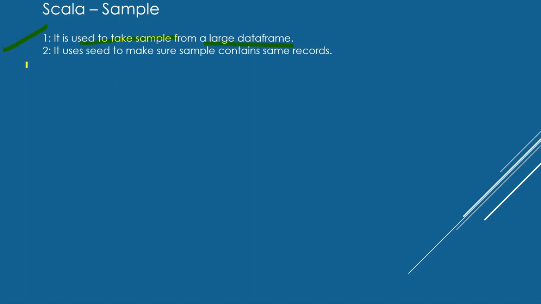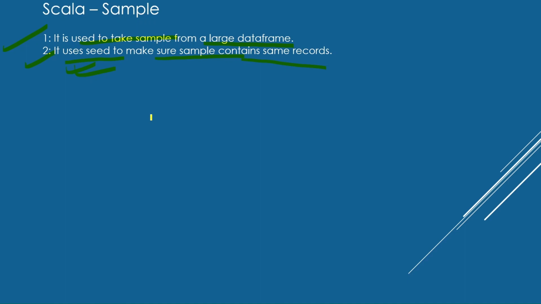It uses a seed to make sure the sample contains the same data. This is very important, right? This seed. Suppose there are thousands of records present in the data frame and you want to take only 10 records. The sample uses one seed value. Suppose you have given a seed value of 100, and you take a sample of 10 records from this 1000 records data frame.